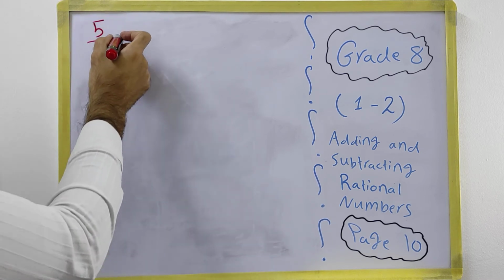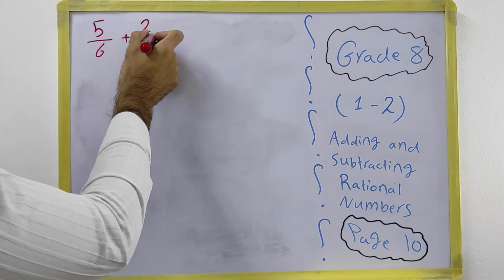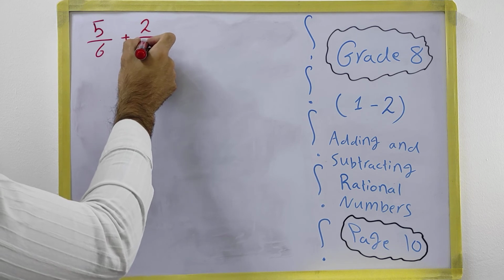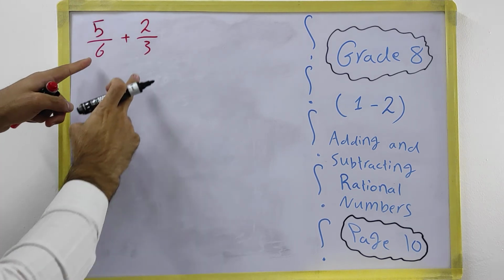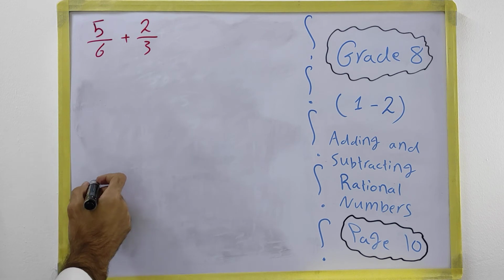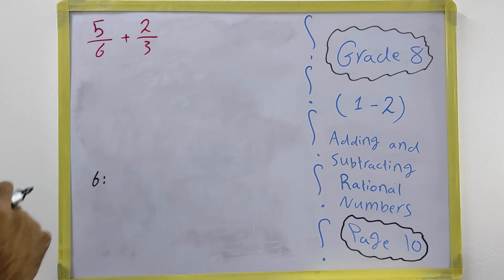Let's say 5 over 6 plus 2 over 3. In this case, which we don't have the same denominator, we have to find the same denominator for them. We have these two denominators, 6 and 3. We can take the multiples. We will find the smallest common multiple between them.